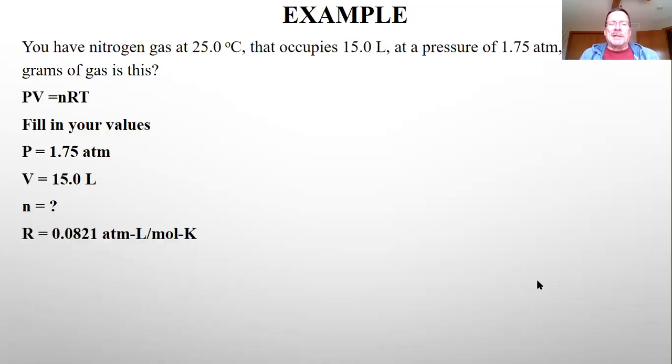The R in this case is the 0.0821 number because that's the one that matches with atmospheres. And the temperature was 25 degrees, but remember we have to be in Kelvin, so add 273 and it's 298 Kelvin.